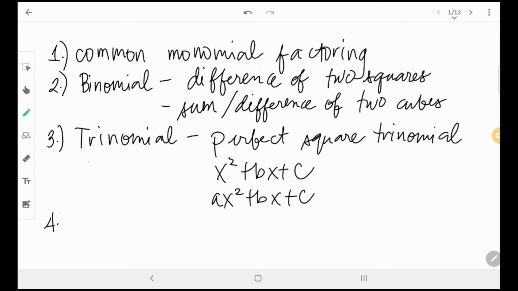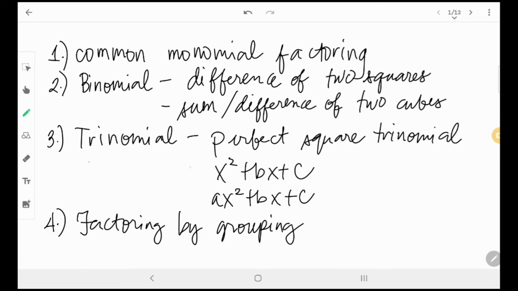And then, kapag mas maraming term, pwede namang factoring by grouping. So, pwede din naman yung applicable din naman factoring by grouping sa ganitong form. So, depende sa inyo, or dapat you know how to factor completely bago nyo successfully magawa yung i-discuss kong simplifying rational expression.